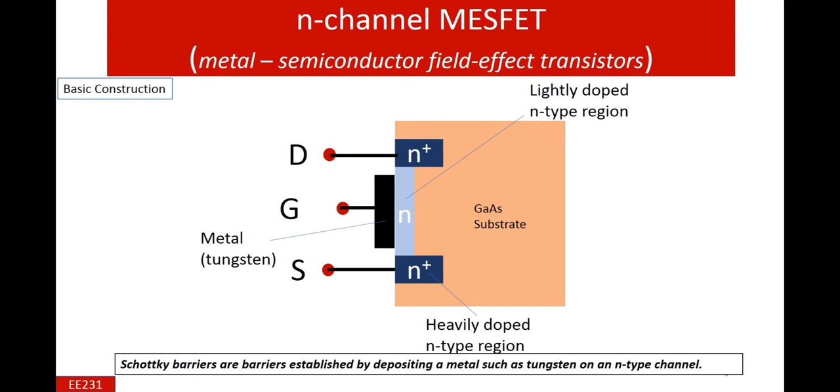So this makes the difference between the MOSFET and the MESFET, because there is an insulator between the gate and the channel in the MOSFET, and in this case there is a conductor between the gate and the channel, and this effect is called a Schottky barrier.